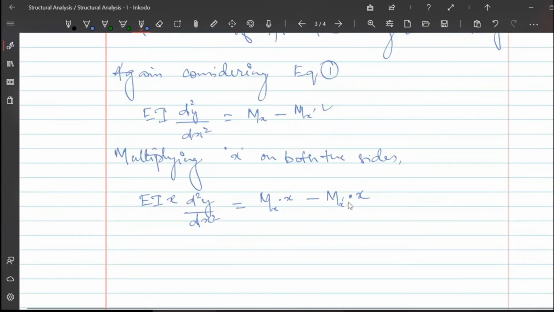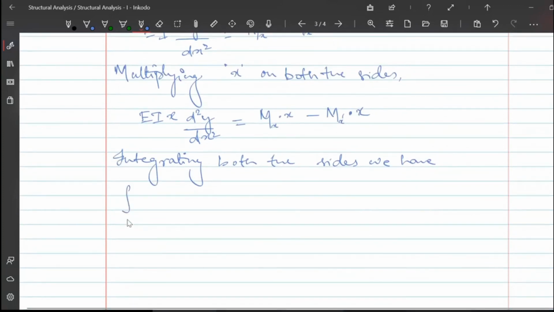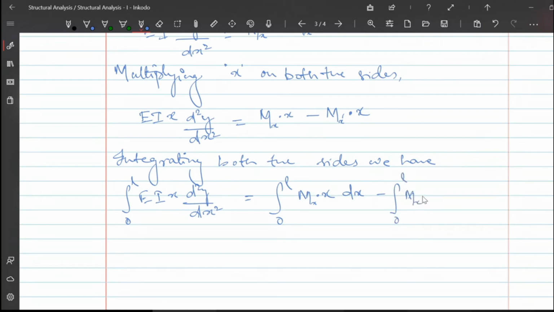Now again here if we integrate both the sides, it is integration 0 to L, EI into x into d square y by dx square equals to integration 0 to L mx into x into dx minus integration 0 to L mx bar into x into dx.